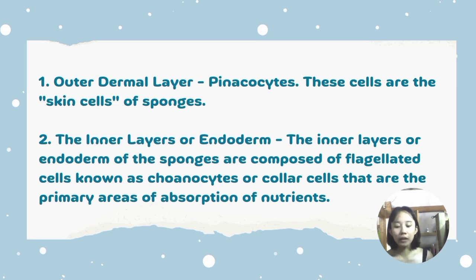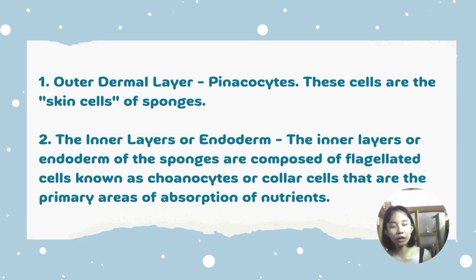The inner layer or endoderm of the sponges is composed of flagellated cells known as choanocytes or collar cells that are the primary sources or area of absorption ng nutrients. So, ang choanocytes is actually responsible for a number of metabolic processes in sponges such as digestion, reproduction, and circulation.